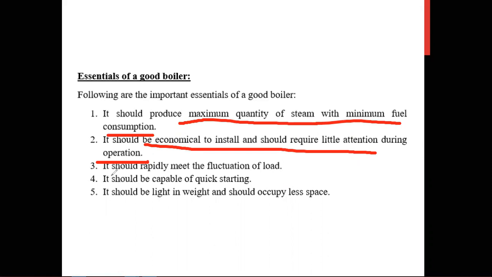It should rapidly meet the fluctuation of load. Fluctuation means variation. My student, fluctuation means variation. That means at one time the demand is high, and at another time the demand is low. So that is fluctuation of load, and it is very natural in practical life also.